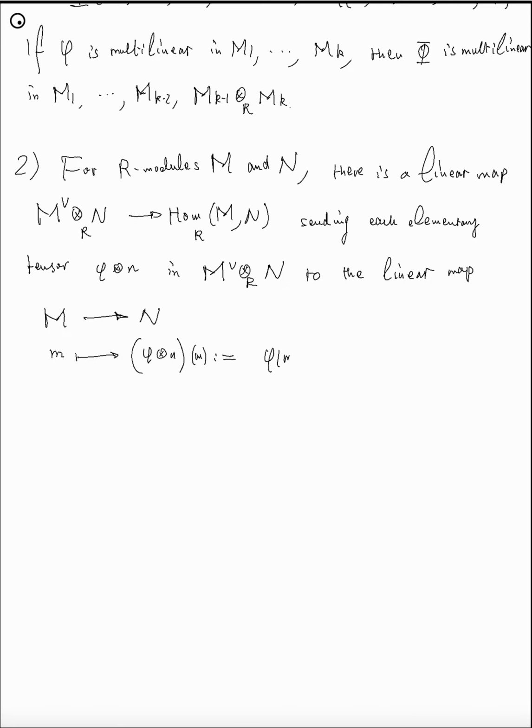If you apply phi on m, because M dual is maps into R, we use the R module structure, so I can apply it on n. We claim, or the exercise asks you to prove, this is an isomorphism.